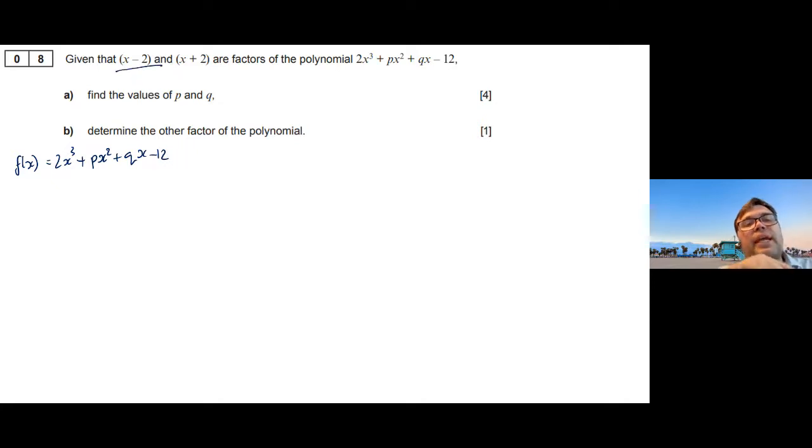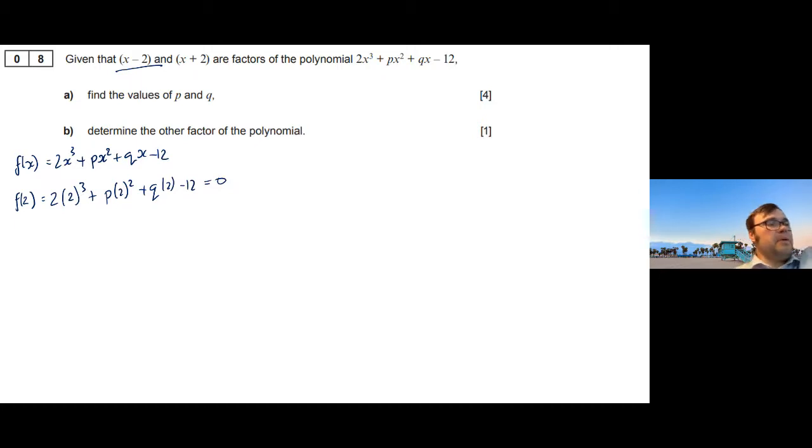The factor theorem is, if I put a number in, it should equal 0, then it is a factor. So the number I've got, x minus 2, so if I put f of 2 in, then I have 2 times 2 cubed plus p times 2 squared plus q times 2 minus 12. Because that is a factor, that is equal to 0.